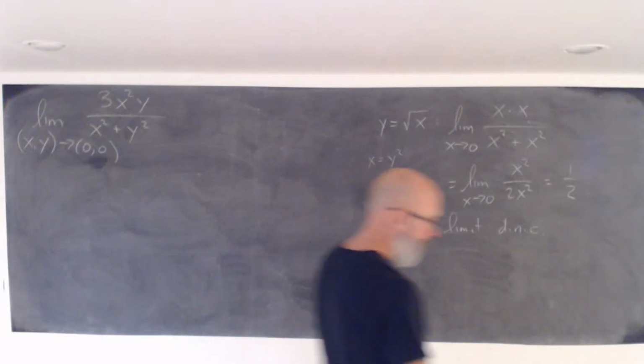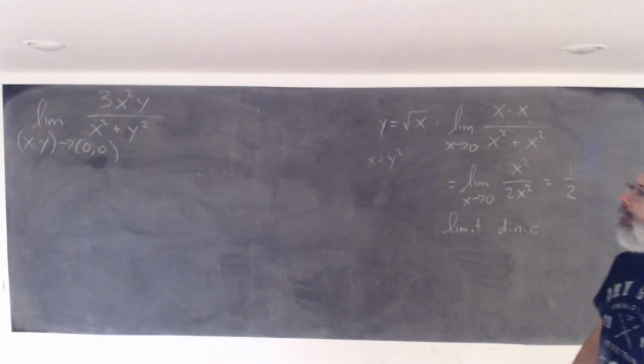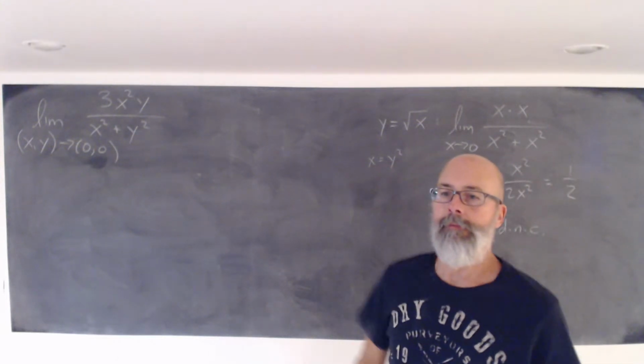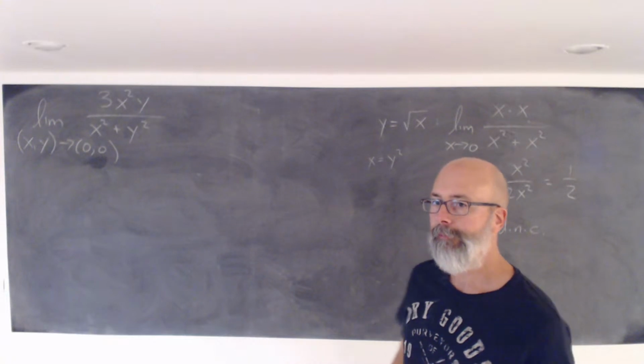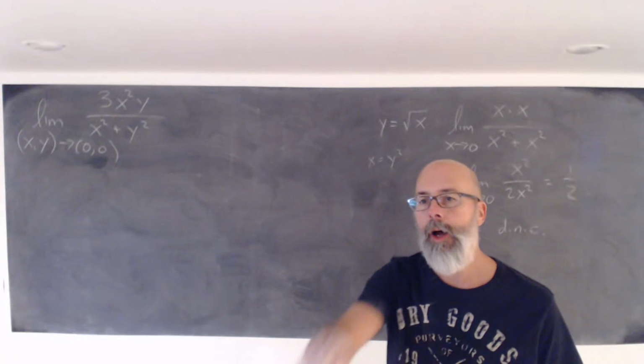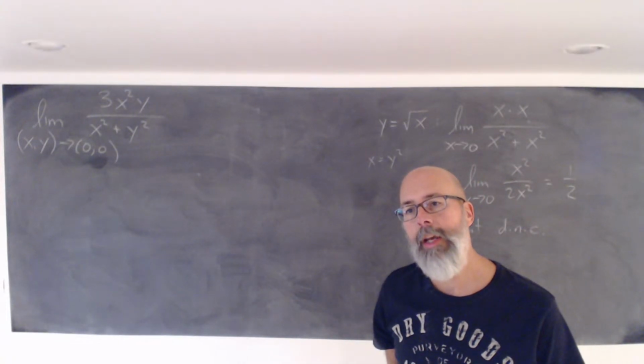All right. Consider this. Brun is saying 2x squared plus 1.